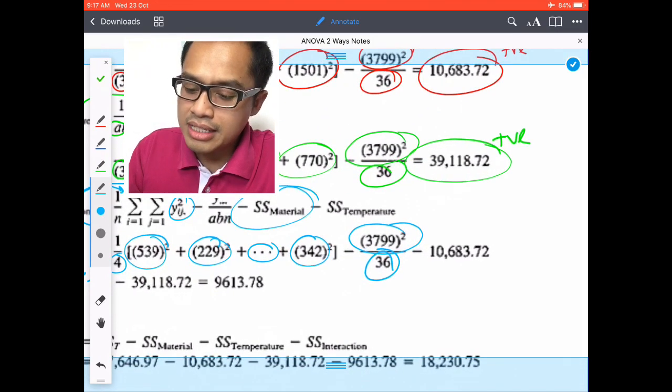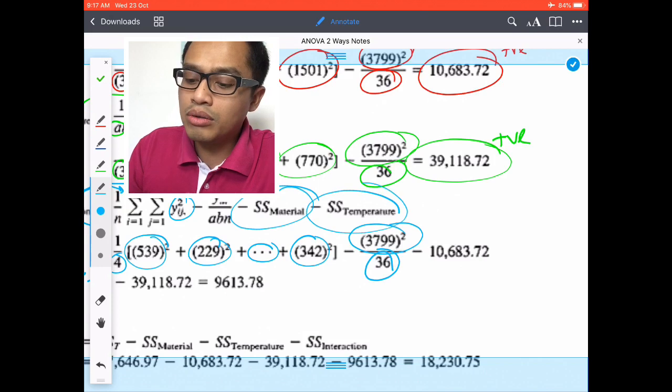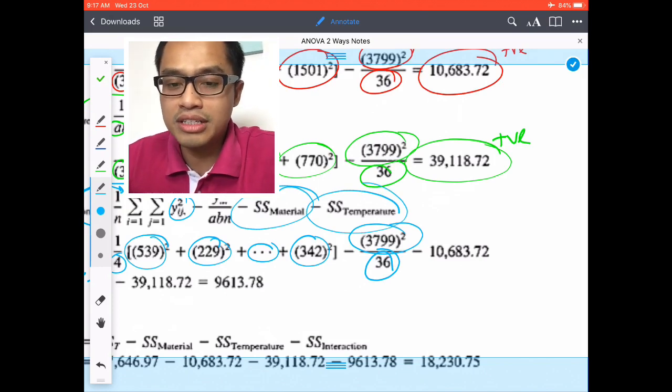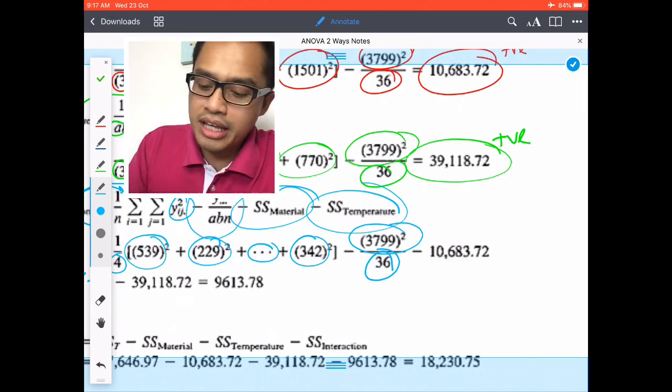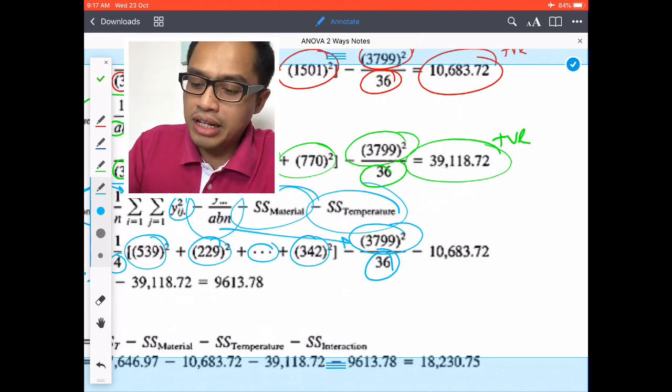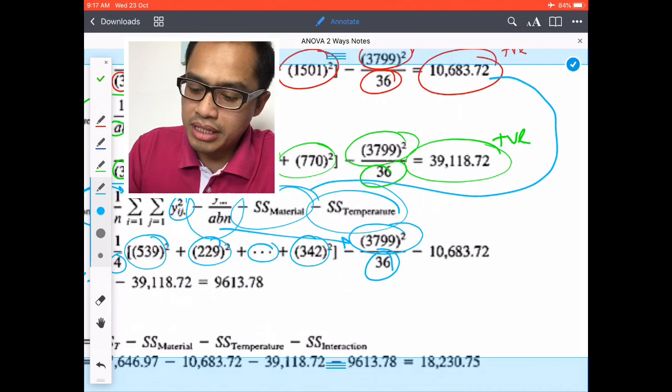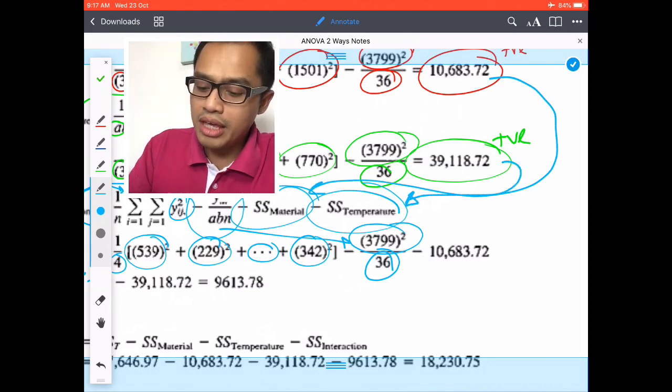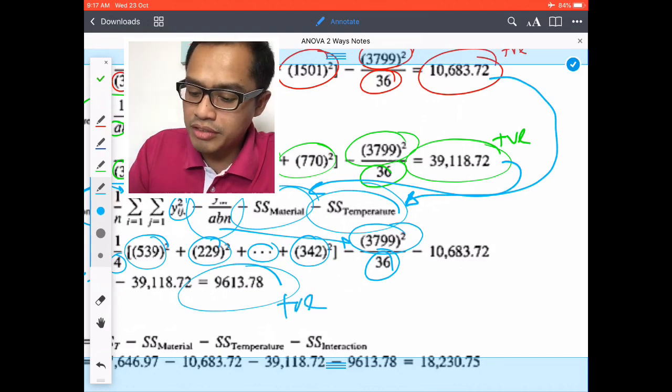And then minus the SS material and also SS temperature. So for interaction, you have these two extra, and also this is for grand total. This is material that you have calculated just now. Let's make a line, and this one is over here. Okay, and you have a positive value.